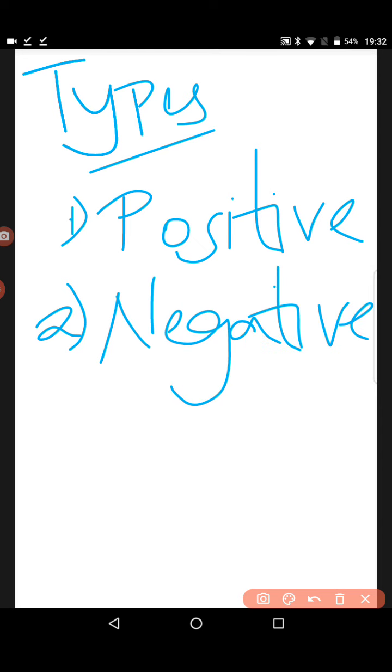Right, these two are the types of rational numbers. You can also call them positive rationals and negative rationals. So what are positive rational numbers? Let's look at that first.